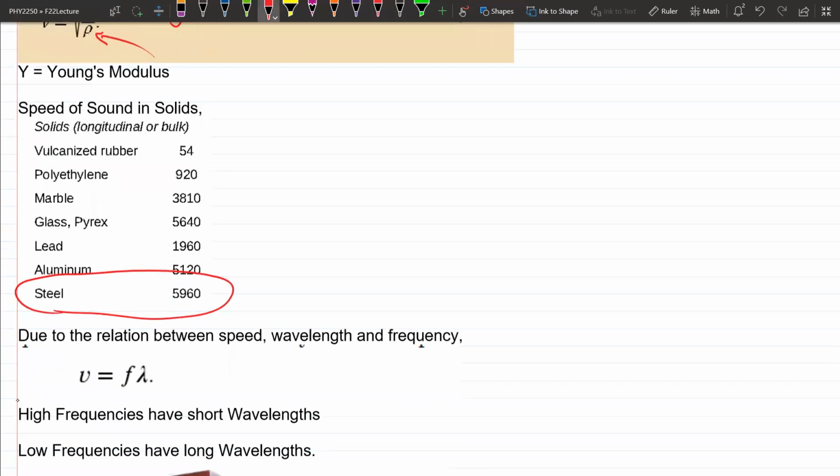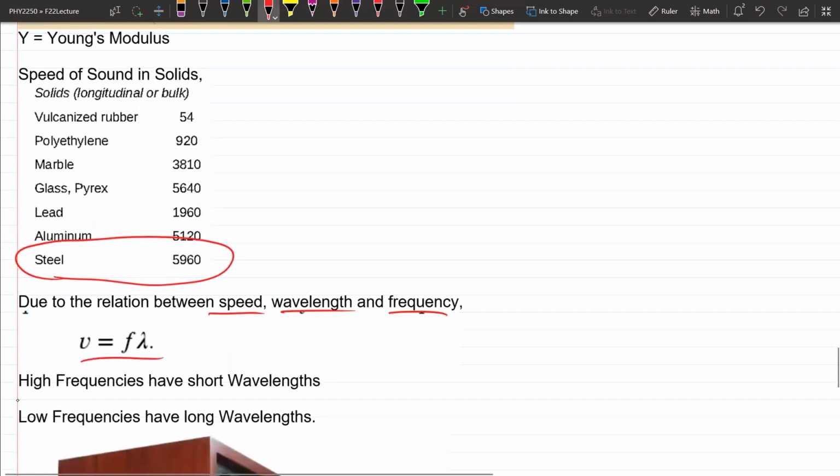All right. And you can relate the speed, the wavelength, and the frequency of any wave by just computing that the frequency times the wavelength is always going to be the speed of that particular wave, no matter what type of wave. Wave on a string, sound, electromagnetic wave, they all have the same relationship.